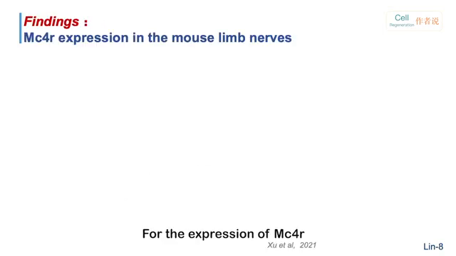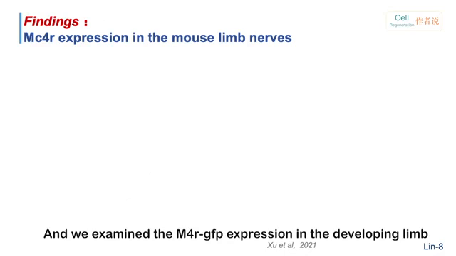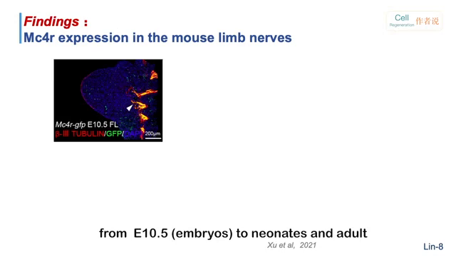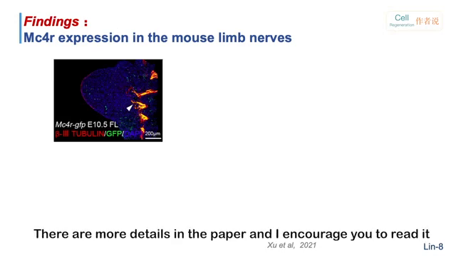For the expression of MC4R, we use the MC4R-GFP transgenic mice that we obtained from Dr. Hu-Xin Cui's lab, and we examined the MC4R-GFP expression in the developing limb from E10.5 to neonate and adult. There are more details in the paper, and I encourage you to read it.